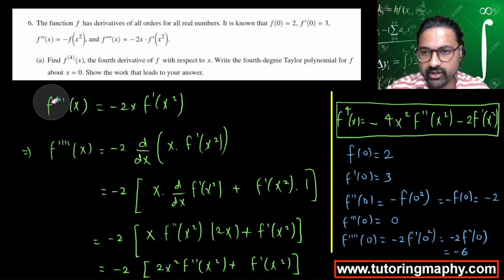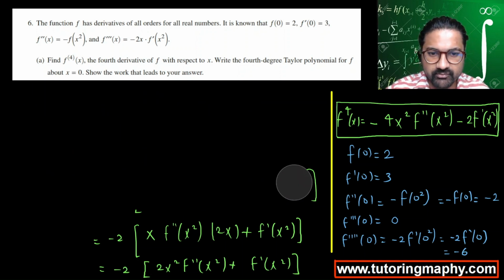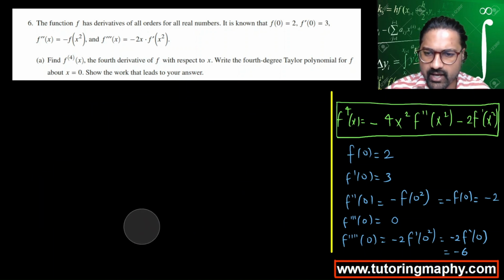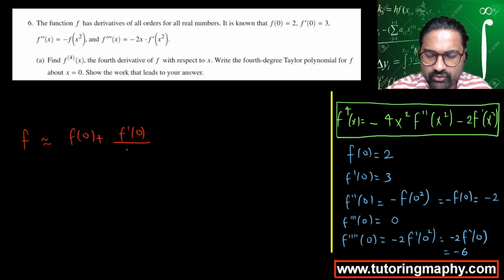Of course, you know what I'm going to do. I'm going to erase everything because I need more space. And now we are all set. So the function f is approximately given by f of 0 plus f prime 0 over factorial 1 times x. Why x?